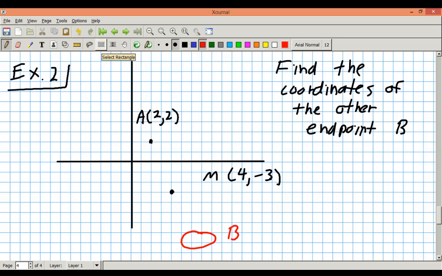Because one endpoint is A, then you draw toward point M, and that'll be the midpoint. And then you'll continue on and locate point B. But we don't know exactly where point B is, so that's what we're trying to find.